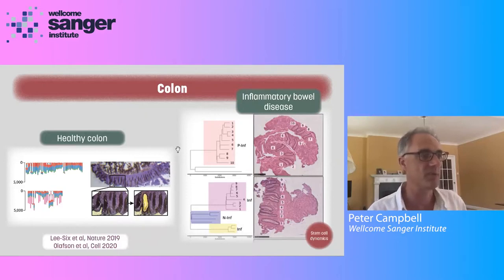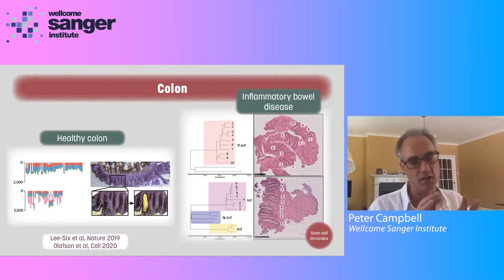In contrast, when we look at diseased colon, in particular inflammatory bowel disease, and this is a study that was just published earlier this year, what we find is that in the presence of inflammatory disease, there's a lot more structure, a lot more branching in the phylogenetic tree, suggesting that when the colon is inflamed and the crypt structure is damaged and then repaired and regenerates, that's when you begin to see extensive branching.